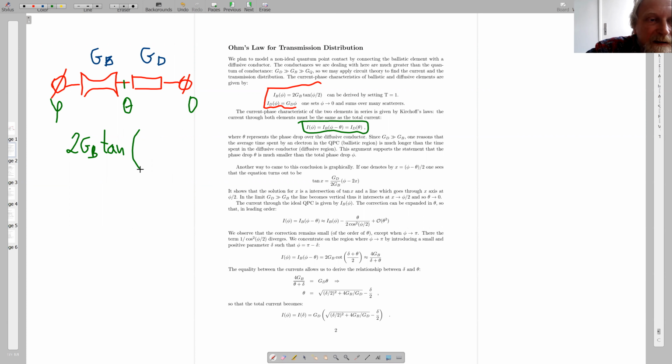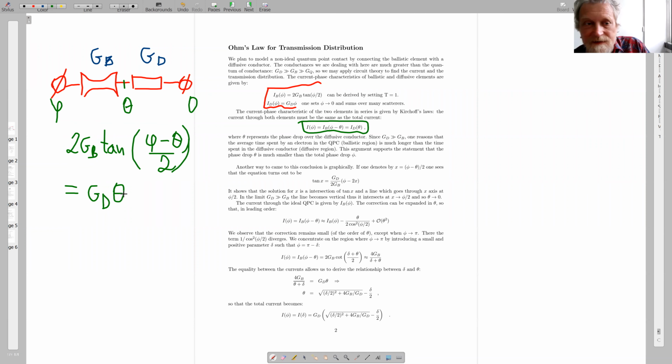The drop here is phi minus theta, and that is GD. And here the drop is theta. So one needs to solve for theta from this equation and then express current in terms of phi.